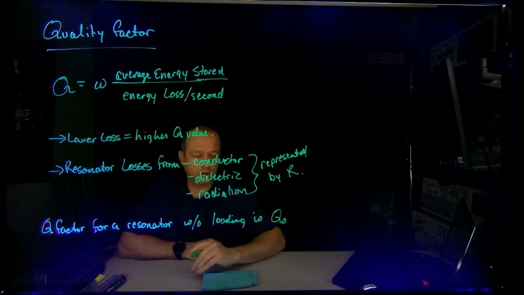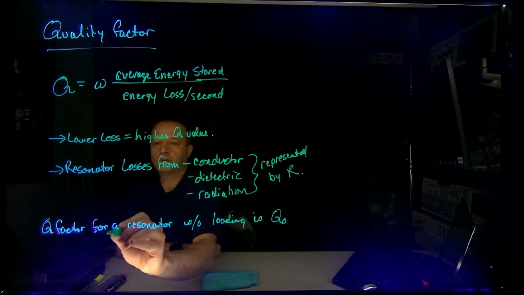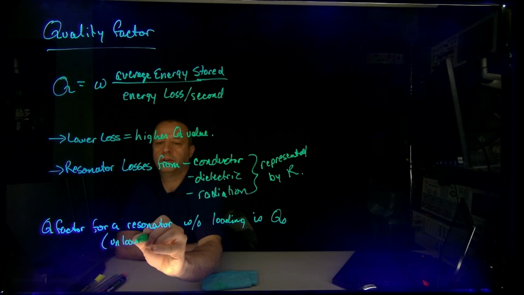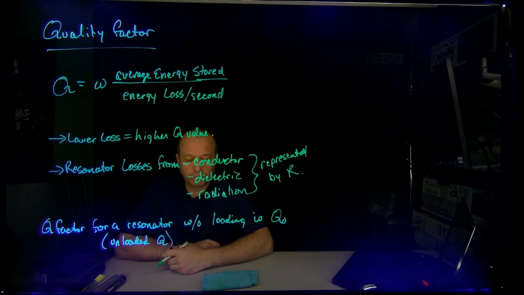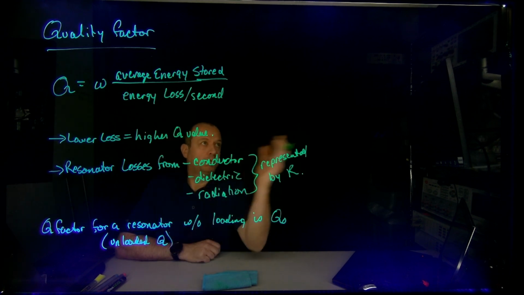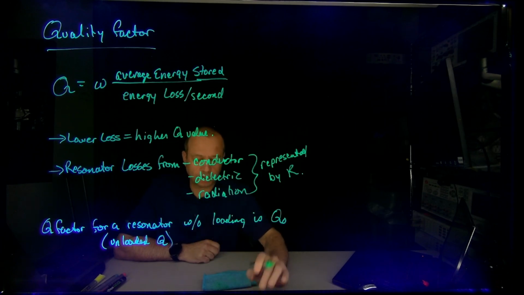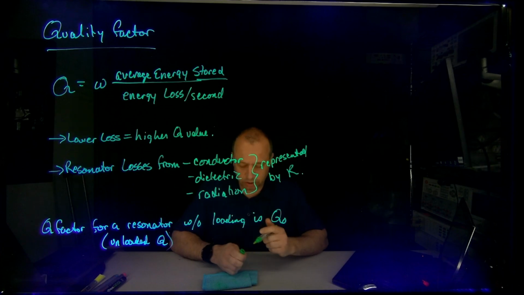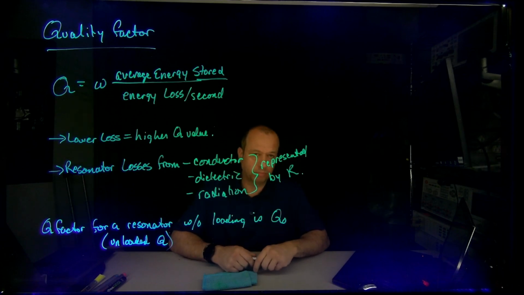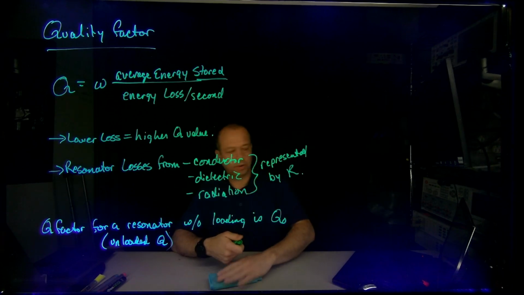So that is your unloaded Q. So if you want to use a term for it, it's called unloaded Q. Okay. We will go through series and parallel circuits for how this behaves and how Q factors show up in both of these designs.